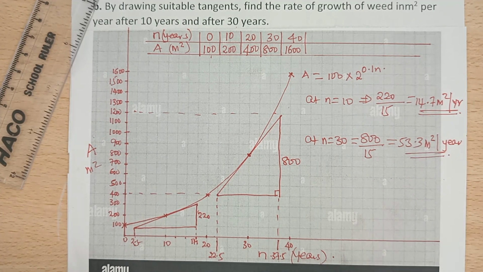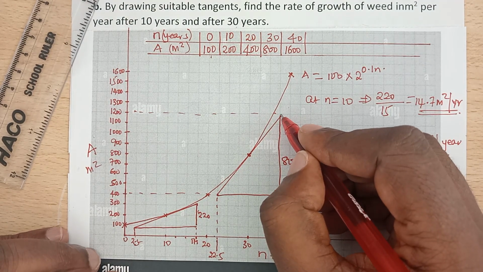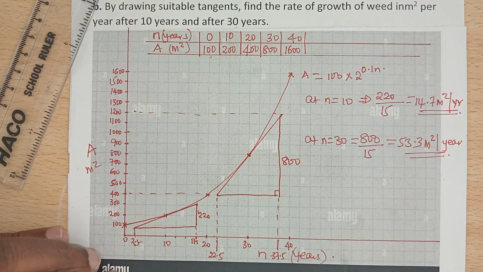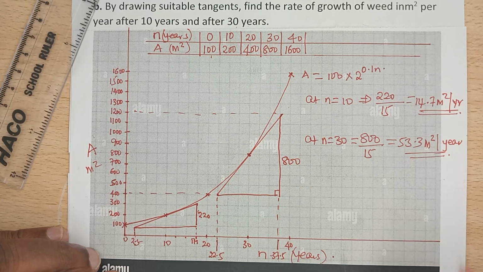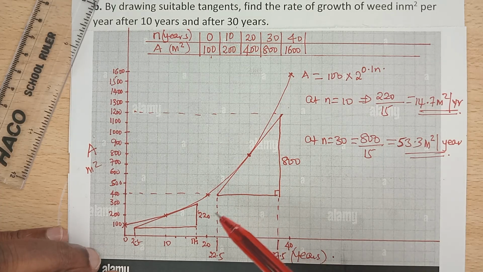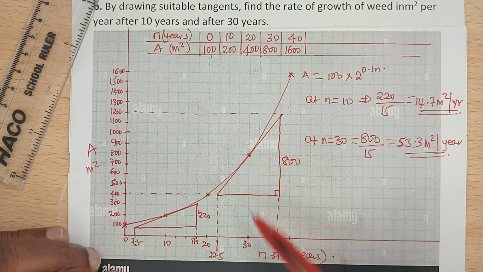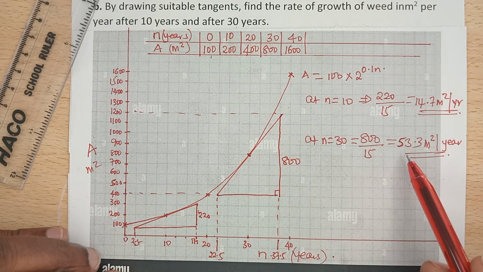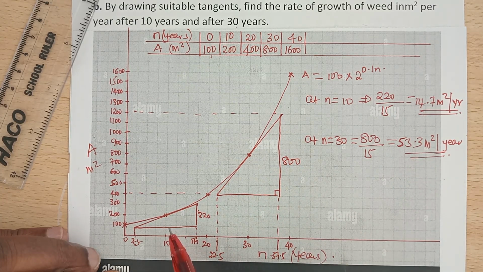So we are going to realize that the gradient at n equals 30 is of course higher than the gradient at n equals 10.